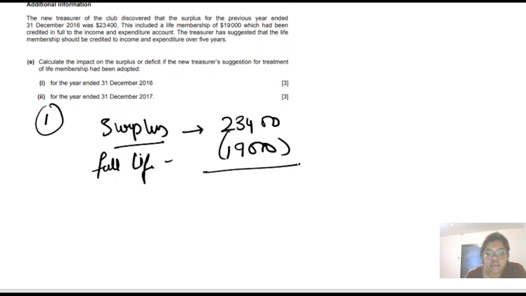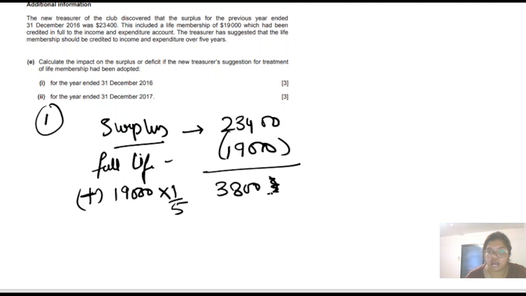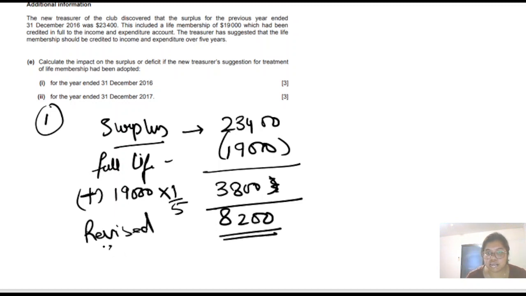We deduct it, and then we add 19,000 into 1 by 5, that is 3,800. So our revised surplus is 8,200.